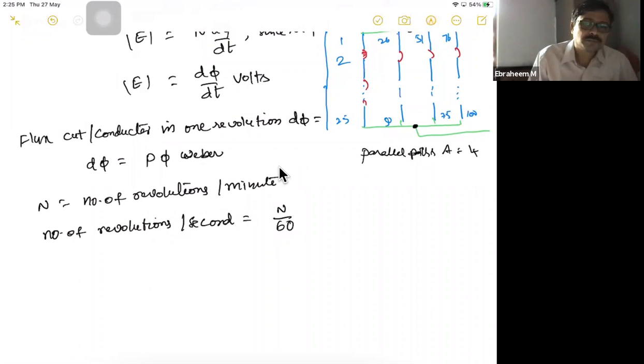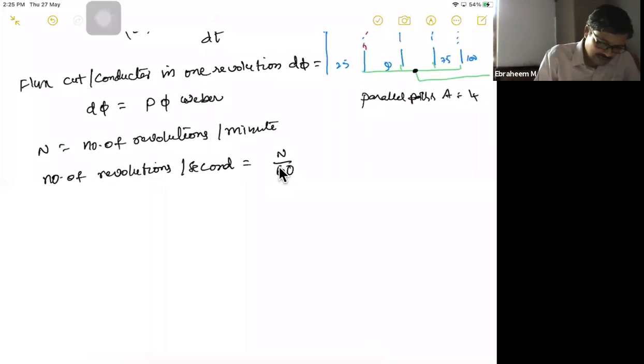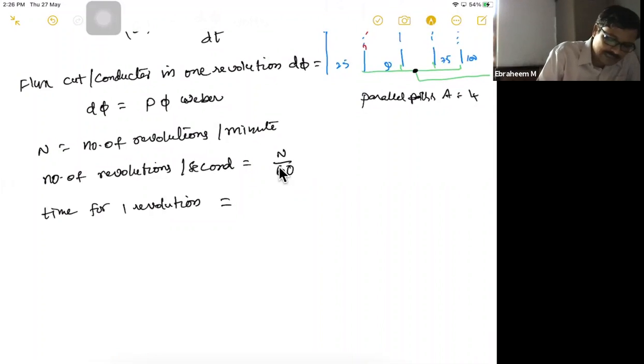Yes or no? Per second, the number of revolutions is N by 60. So the time taken for one revolution will be 60 by N seconds. Is it okay?